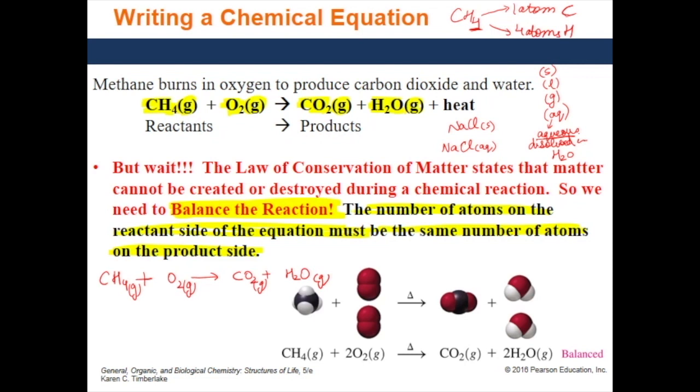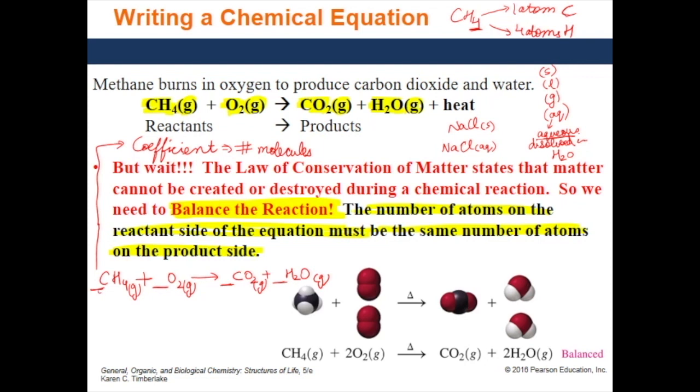The only way I can change the number of atoms is by adding a number in front of the compound. That number is called a coefficient. A coefficient tells you the number of molecules of that compound that are being used in that particular reaction.